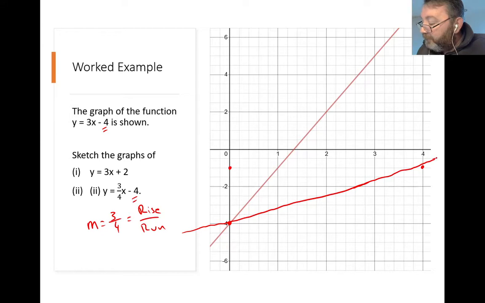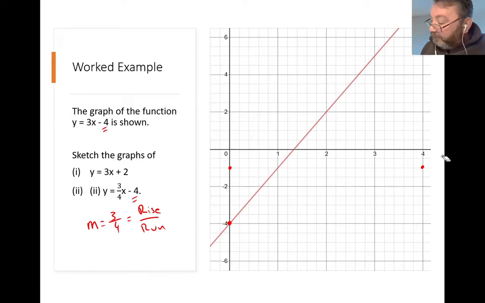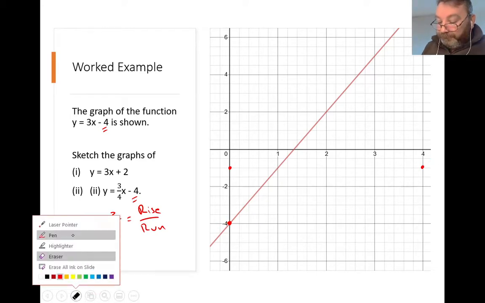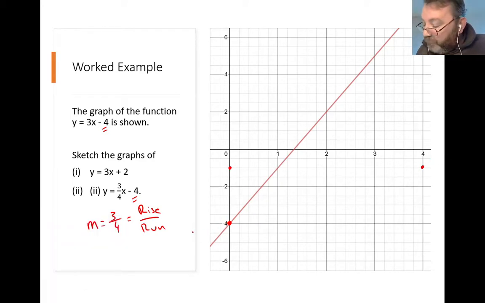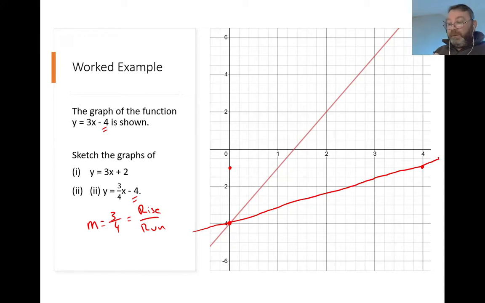Oops a daisy. I've missed a point completely. So let me just get rid of that and do it again. Little bit better. So starting through that minus 4 and trying to aim to get through that point like that. Okay, and that line is y equals 3/4 x minus 4.